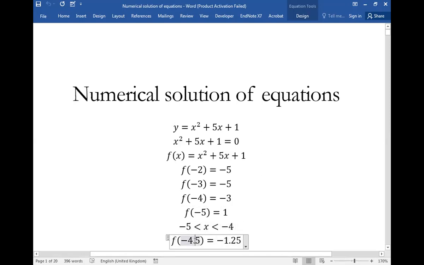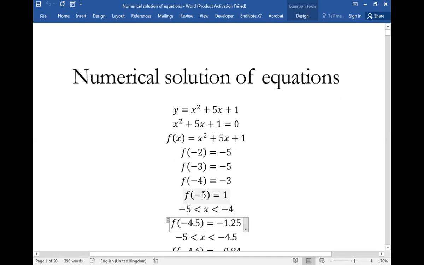If I plug in the value of -4.5, I get it as -1.25. And I already know that at -5, this will again become positive. So gradually, I am concentrating on my roots. I'm narrowing down the range in between which the root lies, right? So now I can say that my root lies between -4.5 and -5.